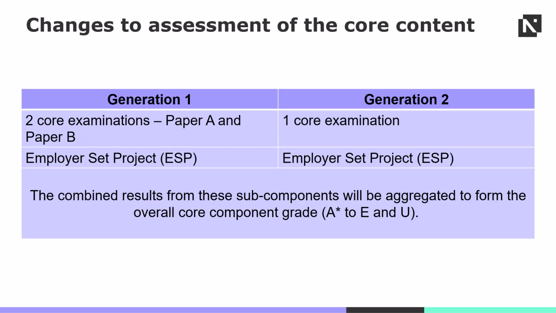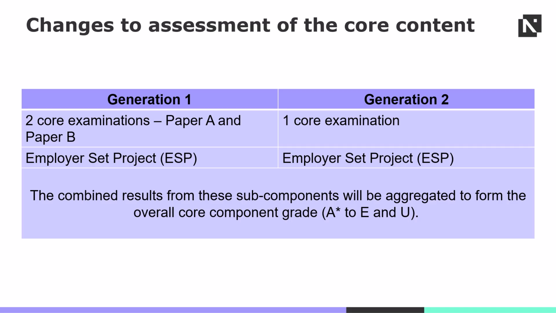Now let's look at how the assessment of the core content has changed between Generation 1 and Generation 2. So in Generation 1, learners were assessed through 2 separate core examinations, Paper A and Paper B, alongside the Employer Set Project, commonly referred to as the ESP.